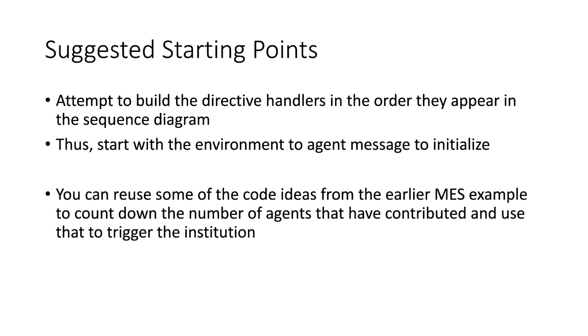So the idea would be to start with the environment to agent messages to initialize. And further, you should see that there are a lot of parallels between this code and some of the code in the basic example we discussed the other day. So feel free to reuse some of those code ideas. Obviously, some of those will be needed. You'll need to change some of them, but it shouldn't be too problematic.